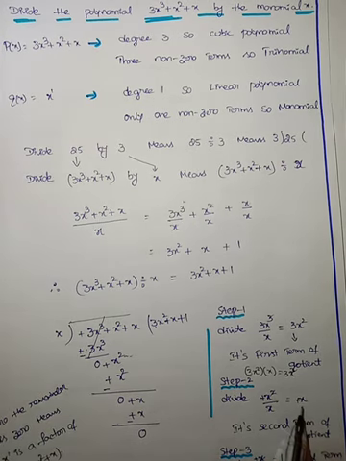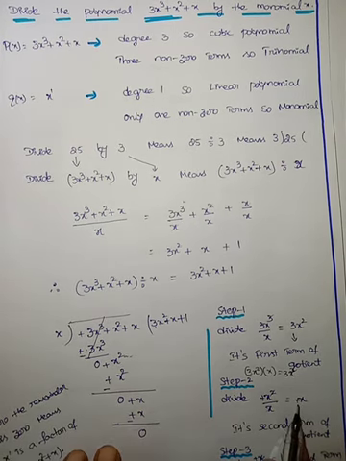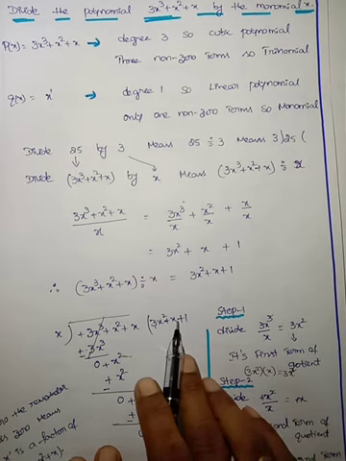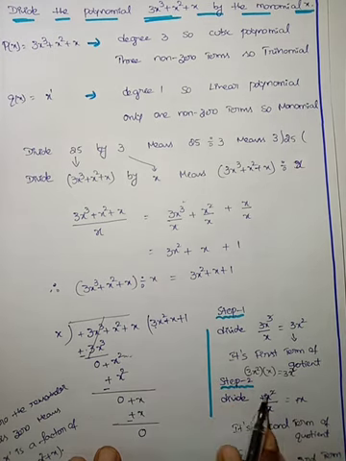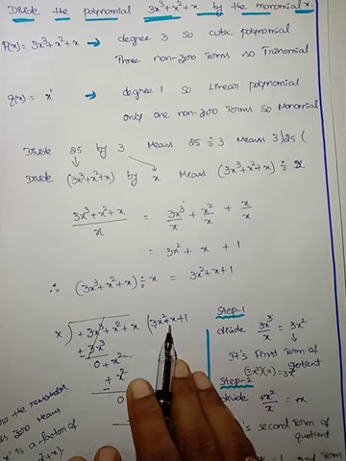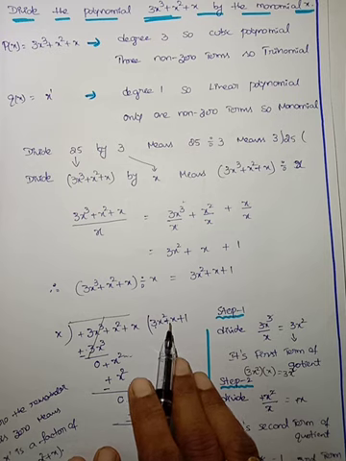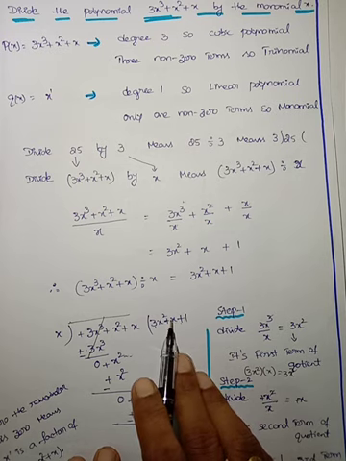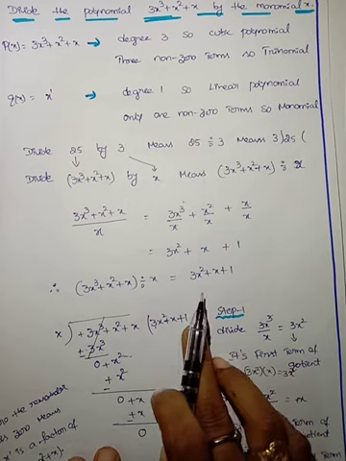This is the second term of the quotient. Just write x at the quotient place, with a positive sign. You have to write positive x.